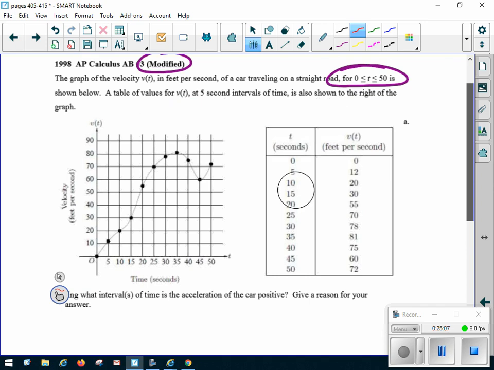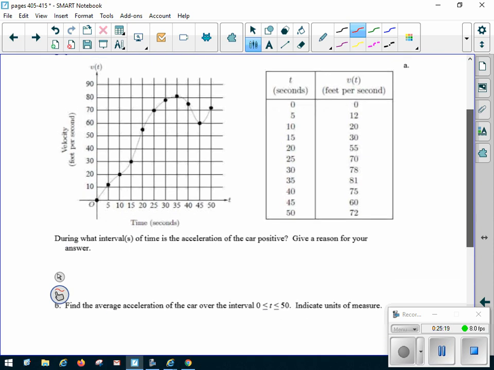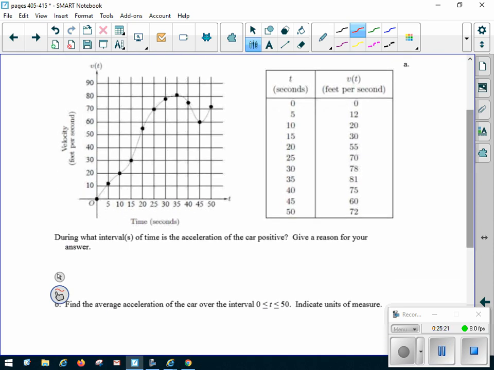A table of values for v of t at 5-second intervals is also shown. So this is the same particle, okay? Same particle, all right? During what intervals of time is the acceleration of the car positive?